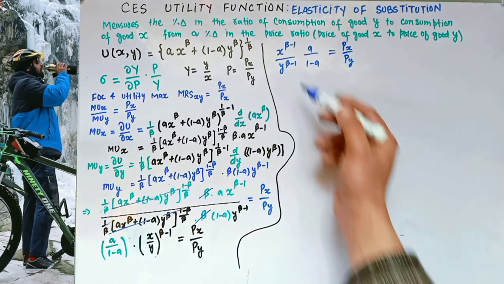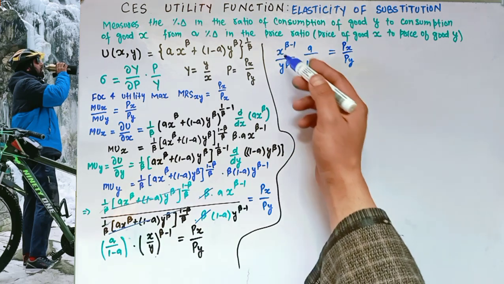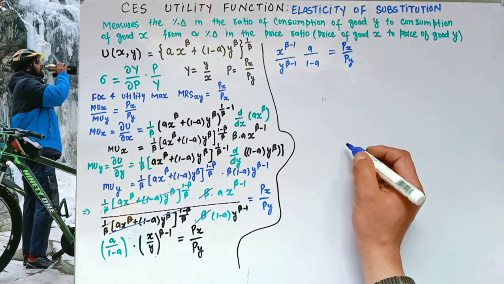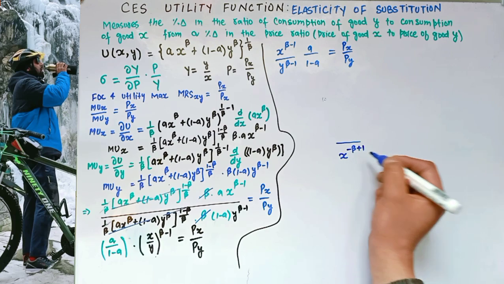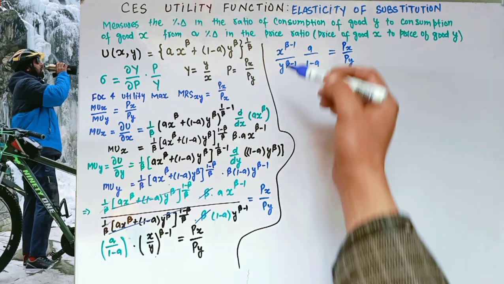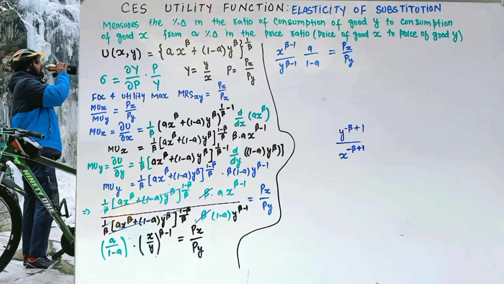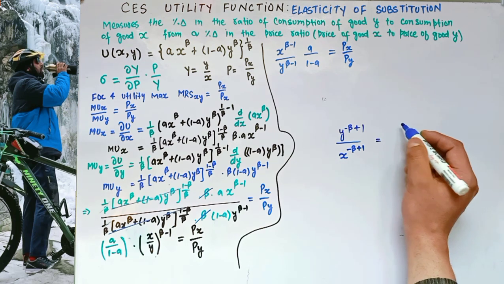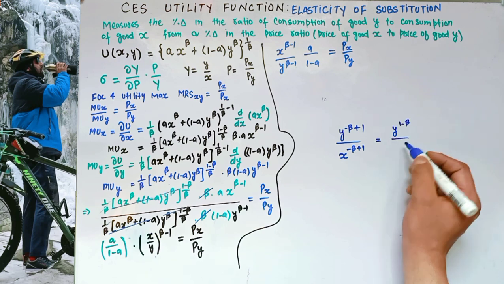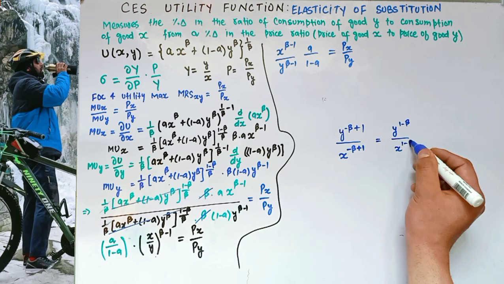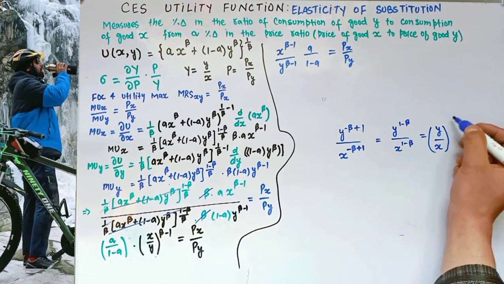Let us reciprocate this. If x is in the numerator, let's transpose it to the denominator, so it will become x raised to the power minus beta plus 1. The exponent sign gets changed. Similarly, if I transpose y, it will become y raised to the power minus beta plus 1. So this can be written as y raised to the power 1 minus beta over x raised to the power 1 minus beta, and I can write it as y upon x raised to the power 1 minus beta.